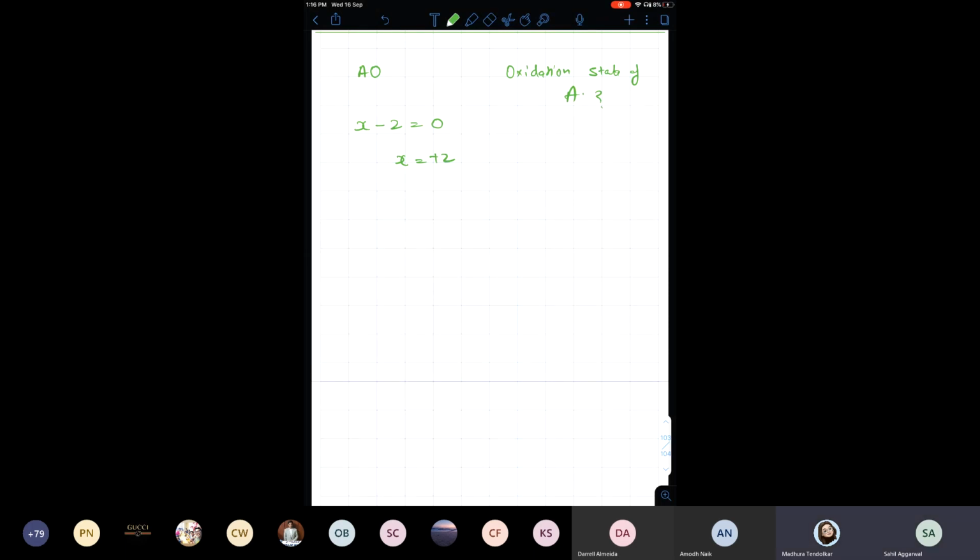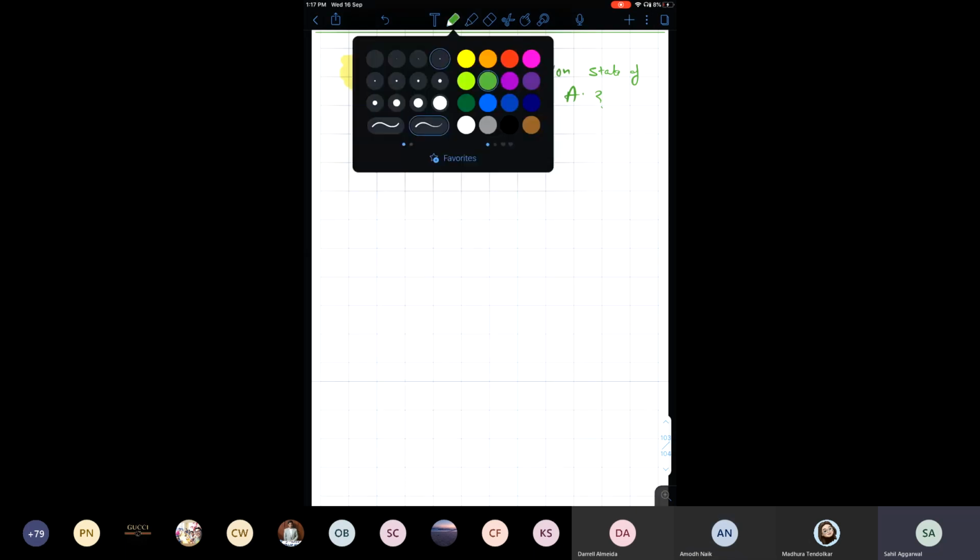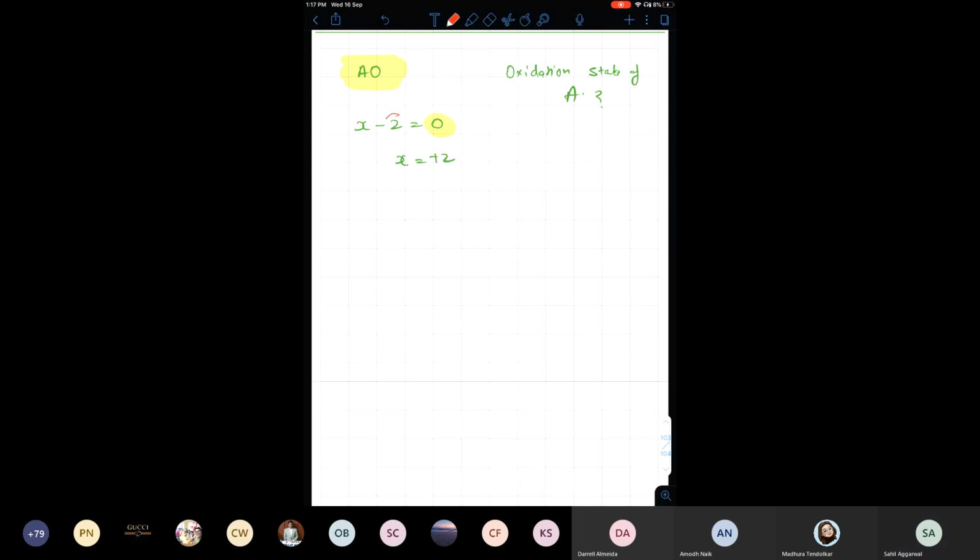Do we know how this 0 came? It is a charge on the molecule. Molecule does not have any charge. Do we know from this -2 came? It is a charge on oxygen. Any problem to anyone in this?